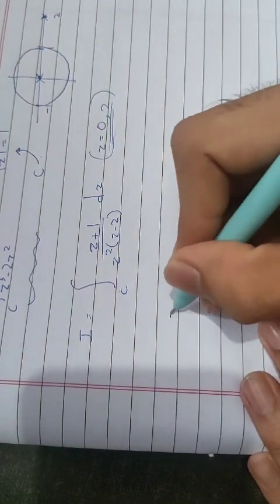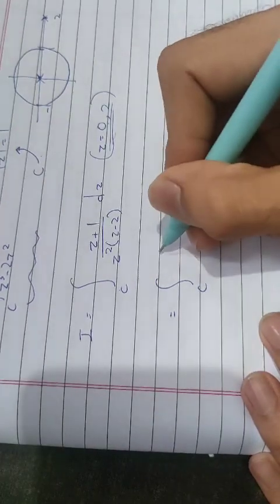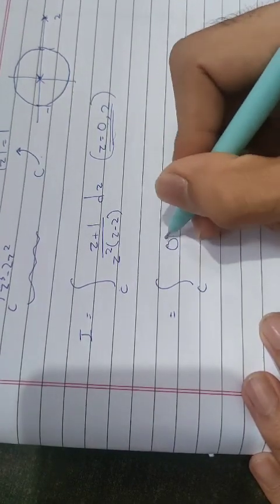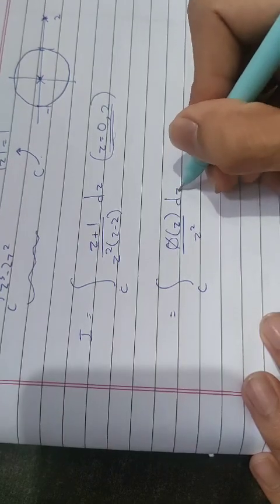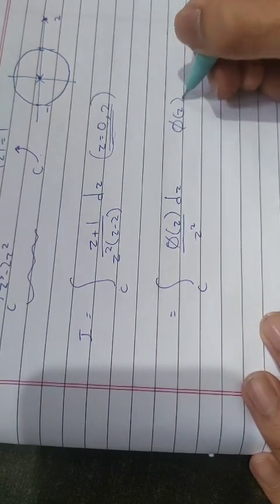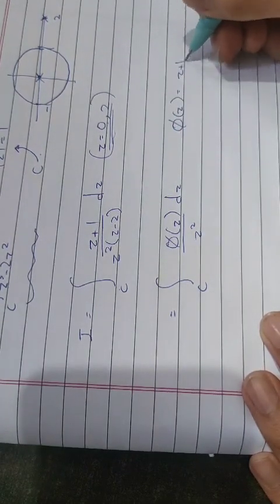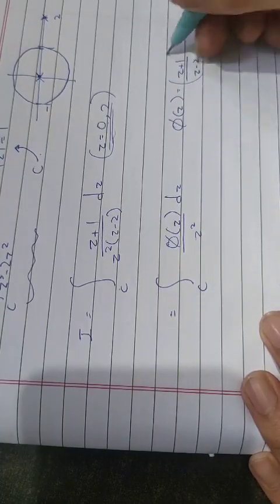So we could rewrite the function as phi of z upon z square dz, where phi of z is z plus 1 upon z minus 2.